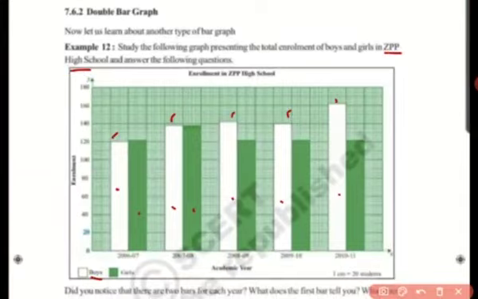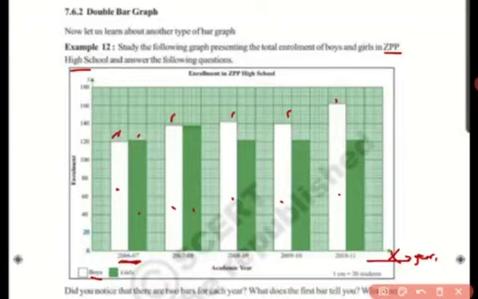Here the x-axis is representing the year 2006 to 2007, how many boys and girls, and this y-axis is representing the number of enrollments. And this x-axis is representing the year. I hope so. What does this mean?